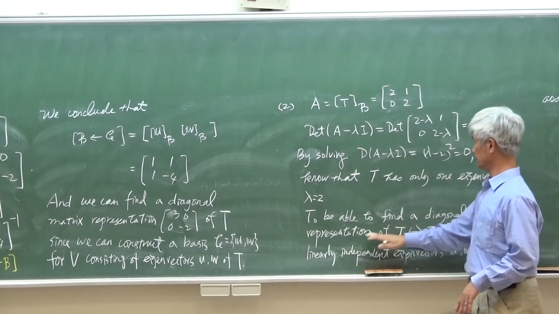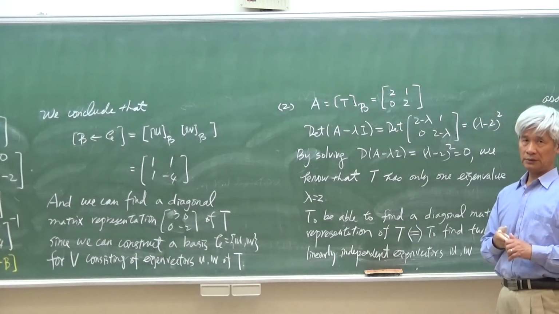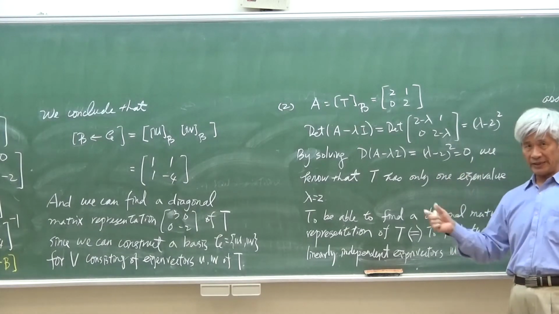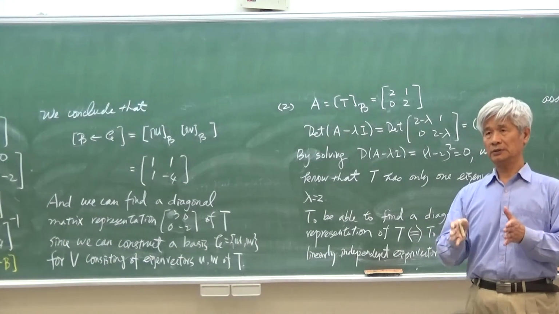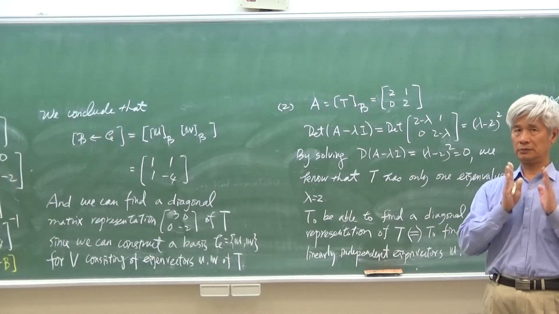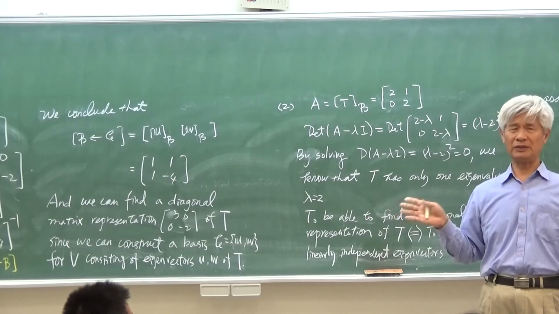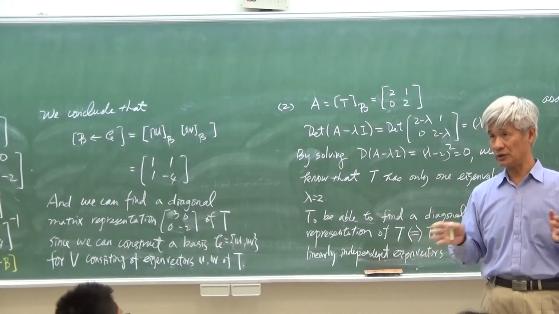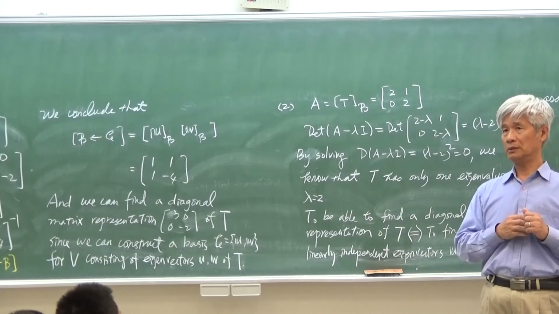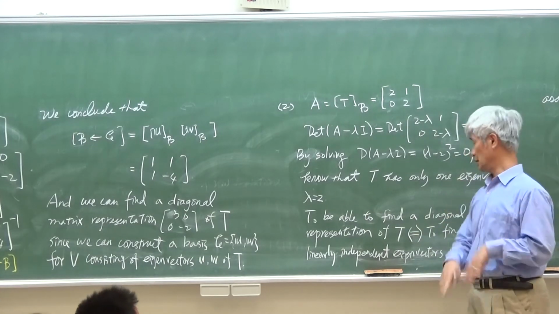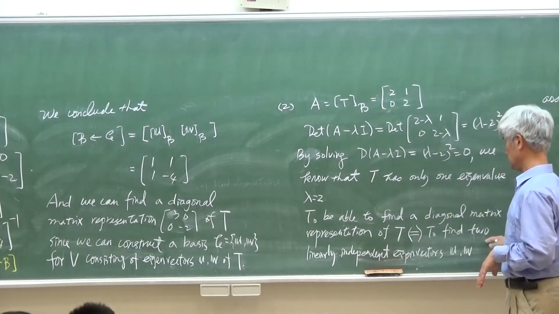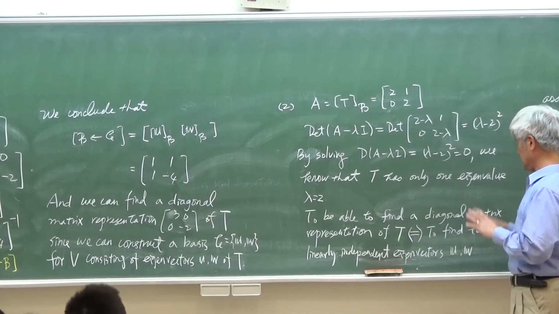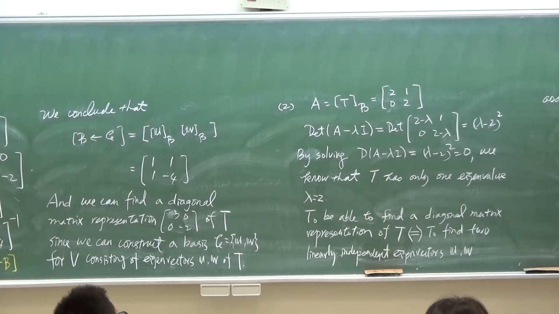To find a diagonal matrix representation of T means that we have to construct a basis for V, and this basis consists of eigenvectors only. Okay, and they must be linearly independent because they should form a basis, right? And because the dimension of V is 2, if we find two linearly independent eigenvectors, then we are done. Okay, so this is our purpose.